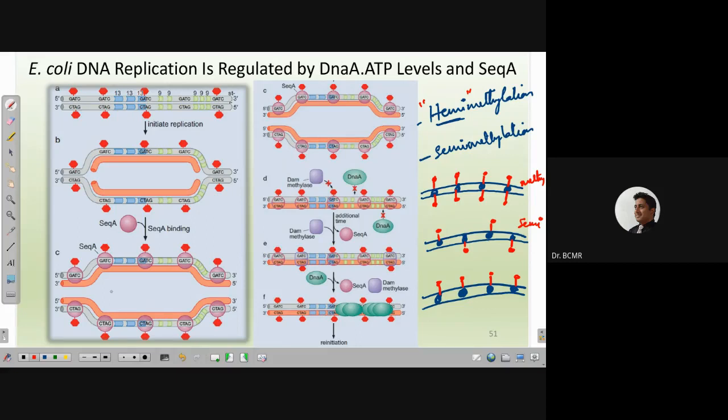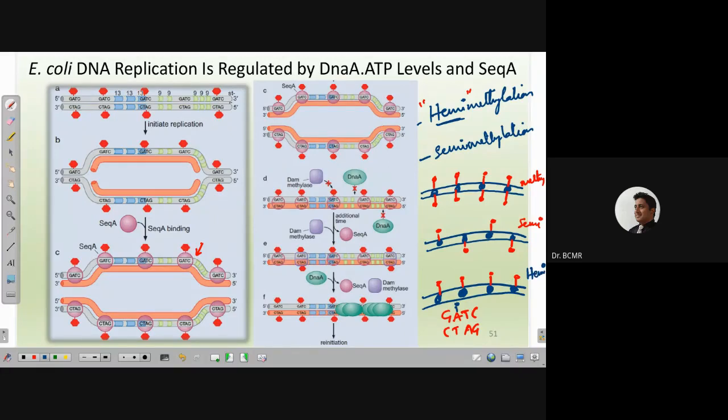It doesn't bind just randomly anywhere in the DNA. It binds to only certain sequences, and those sequences are GATC. So SeqA binds only to GATC sequences. There is one more stipulation to it. It only binds to DNA sequences that are hemimethylated. This is hemimethylated.